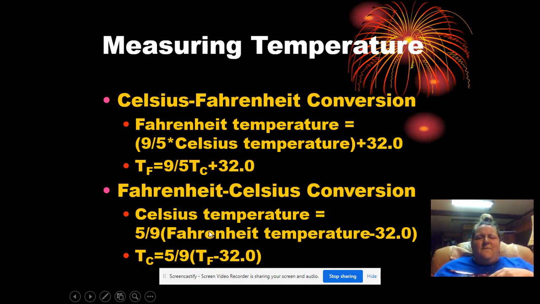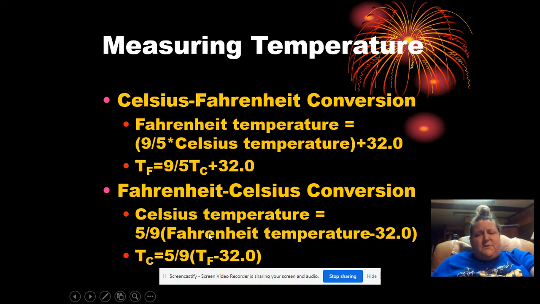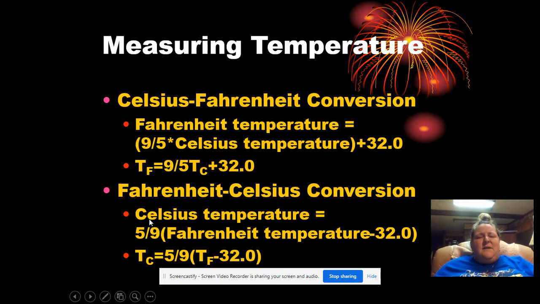Likewise, to go from Fahrenheit to Celsius, you do the backwards. You take your Fahrenheit temperature, subtract 32, and then multiply by 5/9, which is the opposite of the one above. So basically, you're doing the opposite. You're going back and forth. Okay, you're going to need to do this tomorrow.